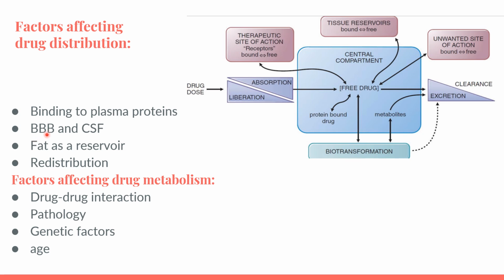The blood-brain barrier and the cerebrospinal fluid. The blood-brain barrier protects the brain from so many molecules, and this allows the brain to be protected from many drugs and substances that, if they crossed the blood-brain barrier, would definitely damage the brain.